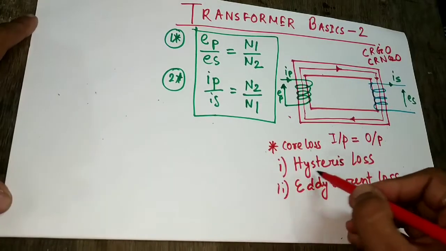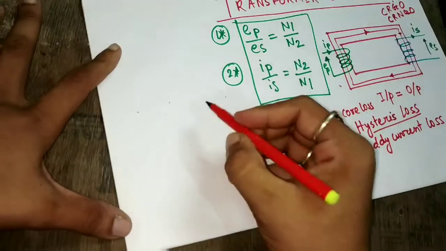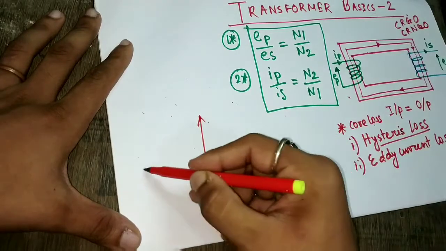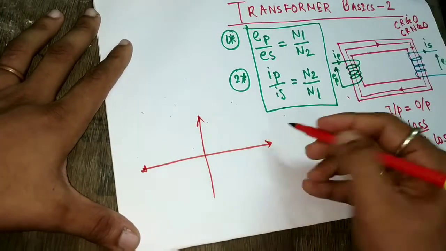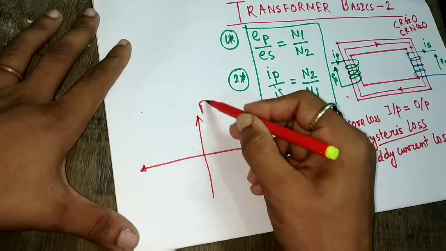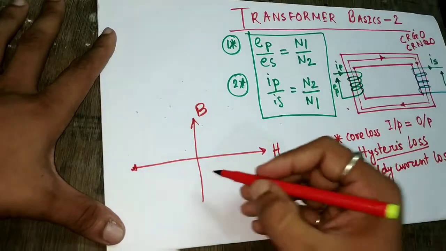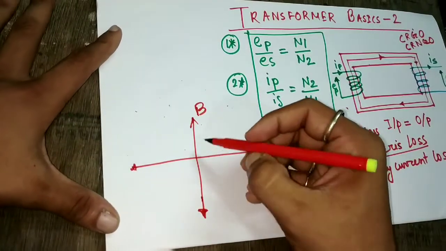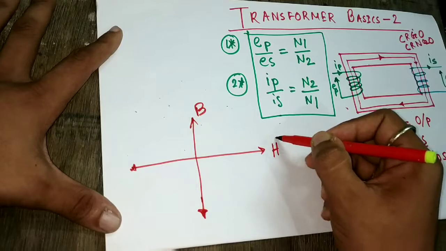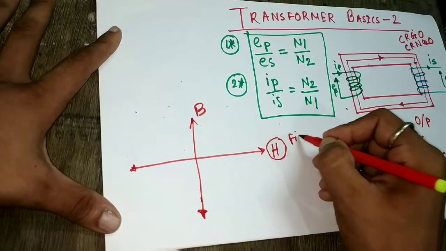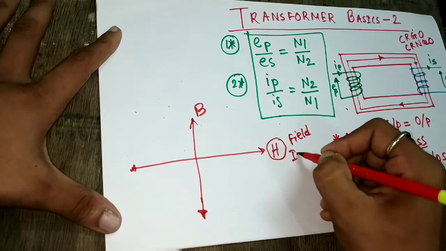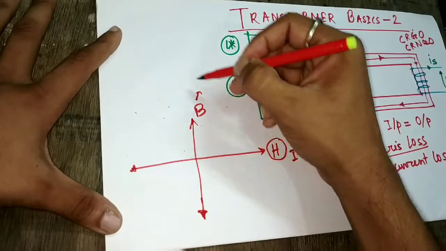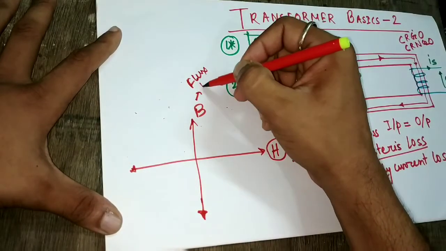So in hysteresis loss, suppose we are plotting the BH curve. In the BH curve, this is the field intensity and this is the flux density.